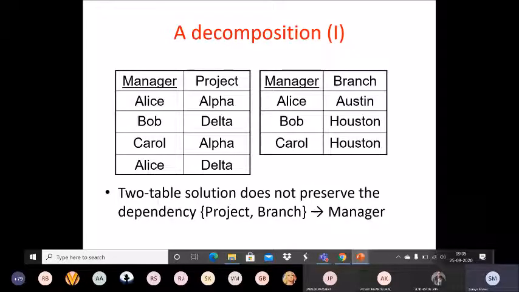So the table was not in BCNF, and what you have done is decomposed it. But you have lost a functional dependency, that is, project and branch should determine the manager.